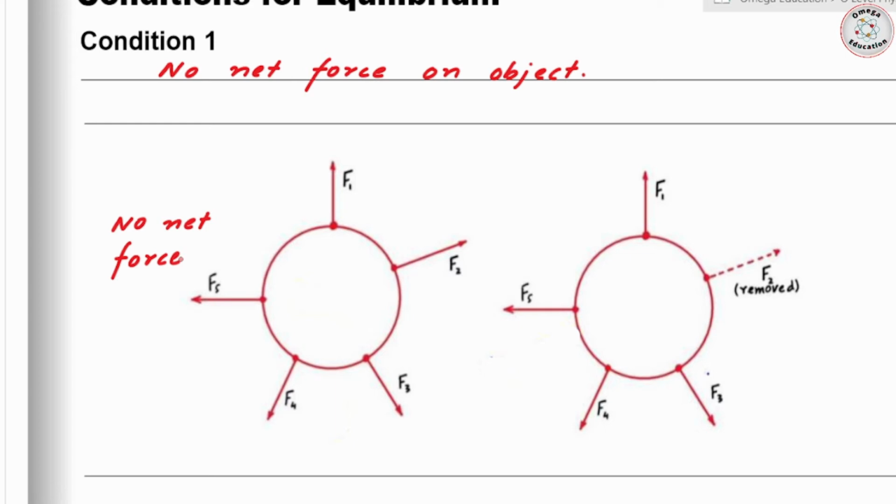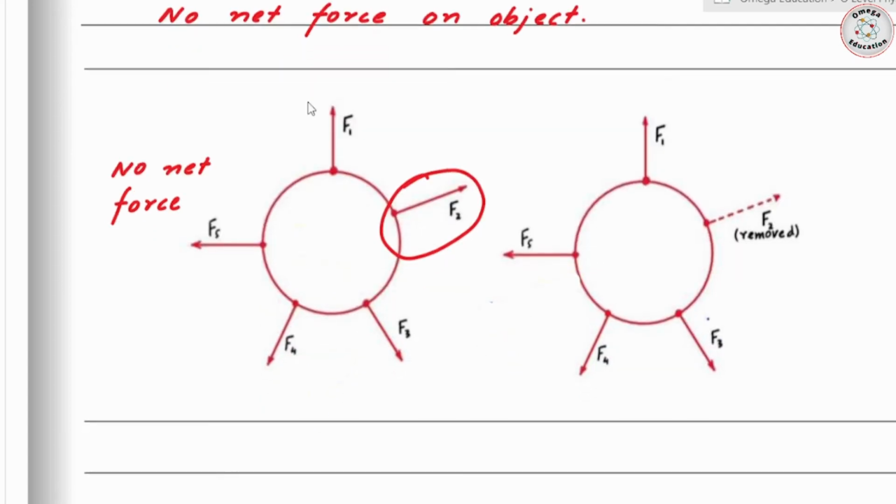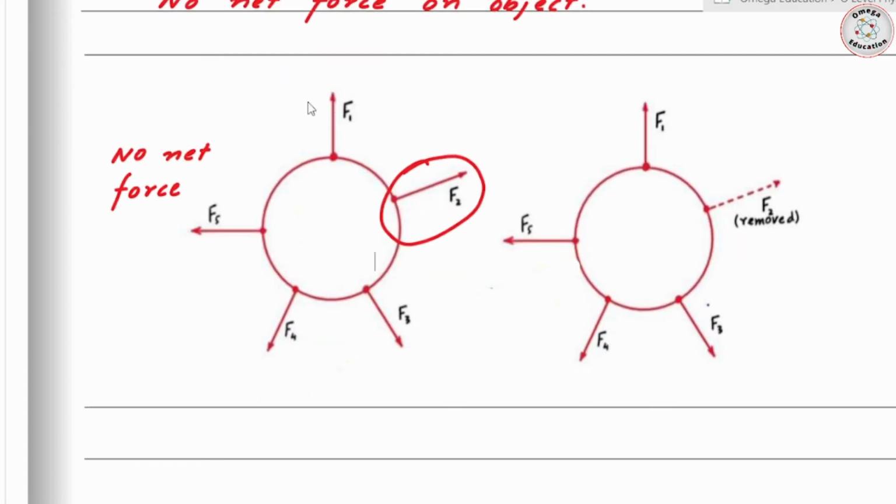Now let's say I remove one of these forces. I remove this force from here. If I remove that force, the object would no longer be in equilibrium. There would be motion in the object. And then the question is, where would the object move if you remove this one force? And the answer is, the object would move in the direction exactly opposite to the force that is removed.